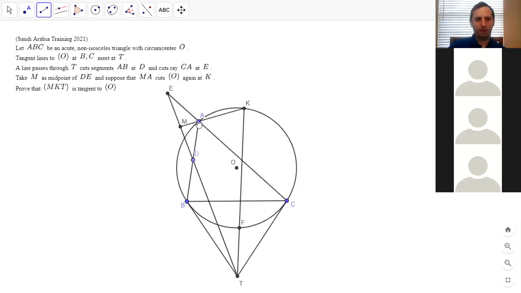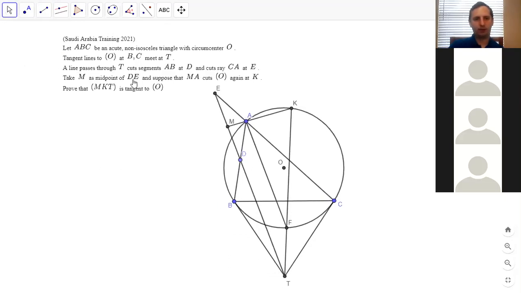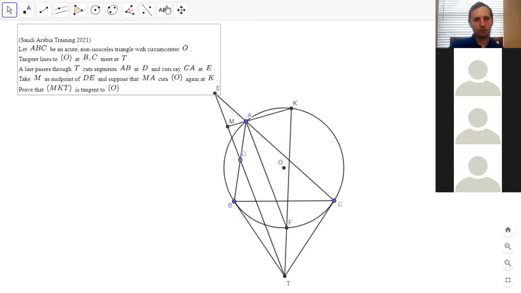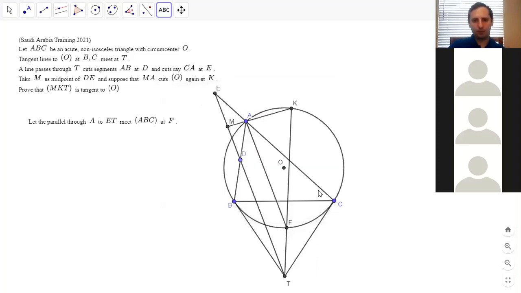So draw the parallel through A to ET and let it intersect the circle at F. And then AE, AM, AD, AF is harmonic.